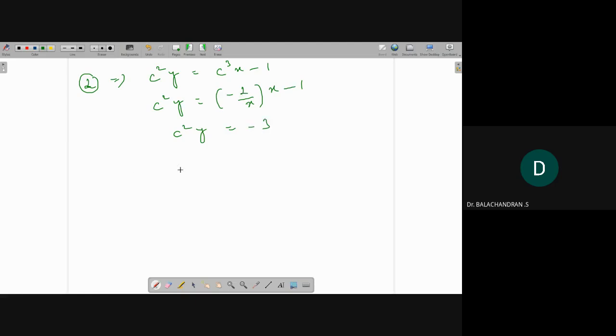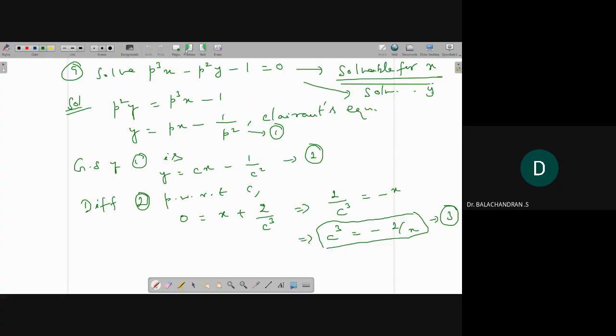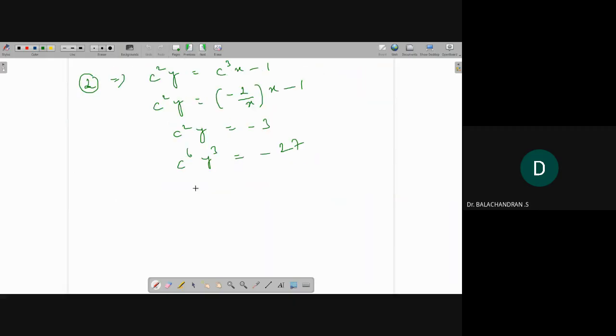So again, take cube on both sides. If you take cube on both sides, y cube c power 6, because we know only c cube, that's why I'm taking cube on both sides. So c cube is minus 2 by x, so c power 6 is 4 by x square. 4 by x square into y cube equals minus 27.